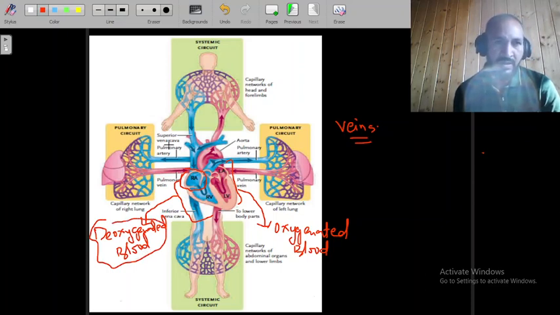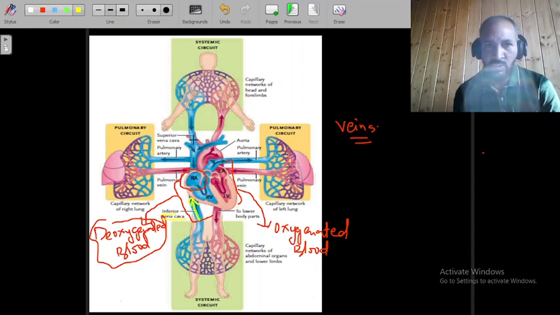If you reflect on here, let me use a different pen. From the lower parts of your body, from the inferior part of your body, it is these veins which bring blood to your heart, to the right atrium, and we call it inferior vena cava. It's written here.